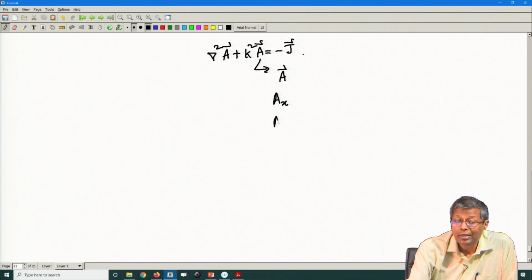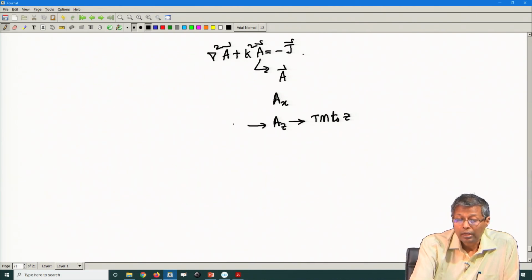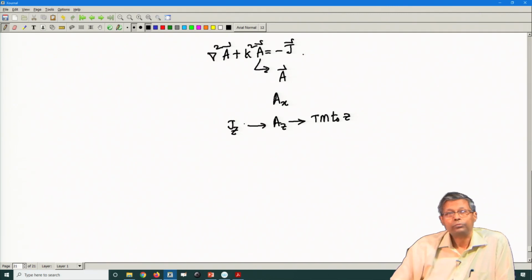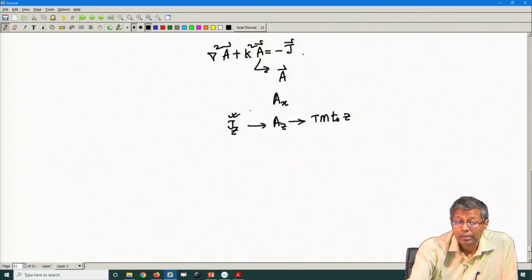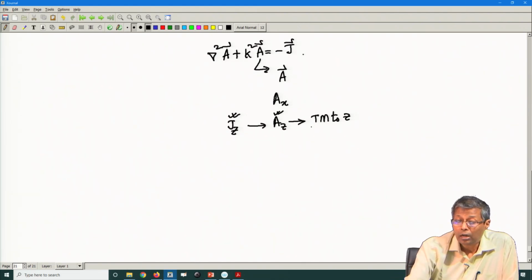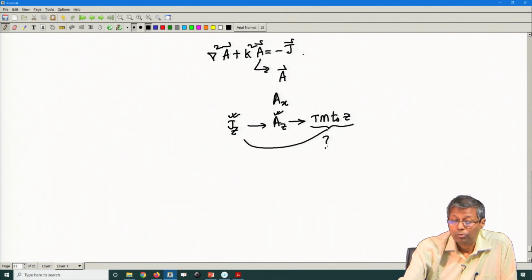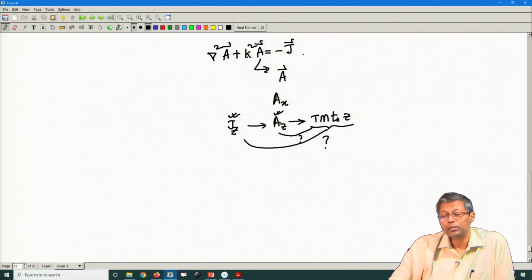So, for example, if A is Z directed, it will generate the transverse magnetic to Z mode. We will come to this, but A Z directed means also that J is Z directed. So, Z directed J generates a Z directed A, and a Z directed A generates a TM to Z mode. How, we do not yet know, but let us assume that to be true. We do not know this step or that step, but let us assume this to be true.